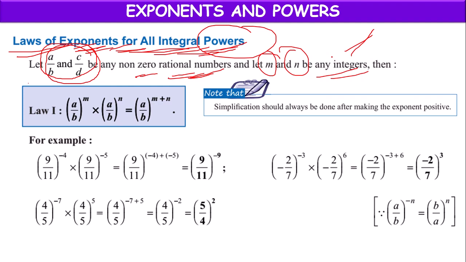Then a by b whole power m into a by b whole power n: for the same base we have power m and power n, and we are multiplying both. Then we can combine the bases into one base and take the sum of the exponents.